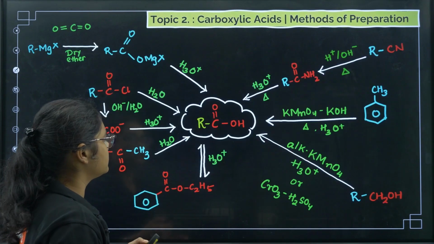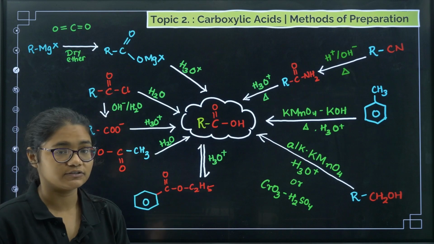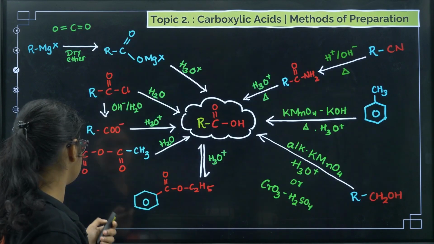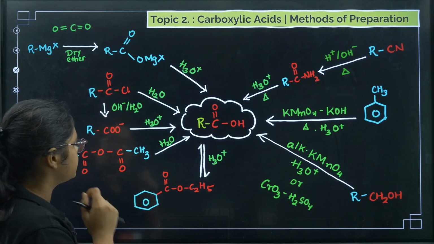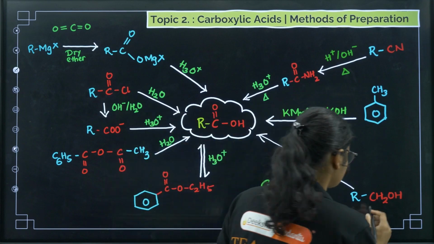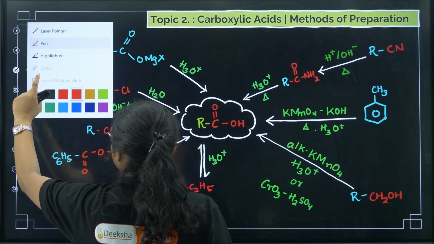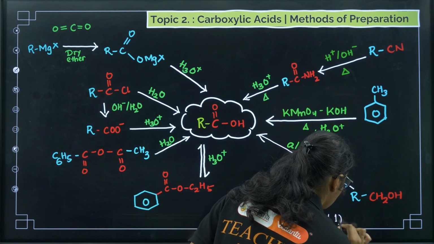Now coming to the reactions here. As I told you, the first one was from primary alcohols and aldehydes. We will start with that first. So here we have primary alcohols.